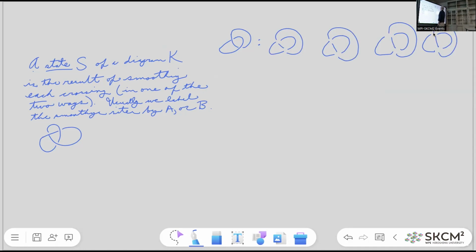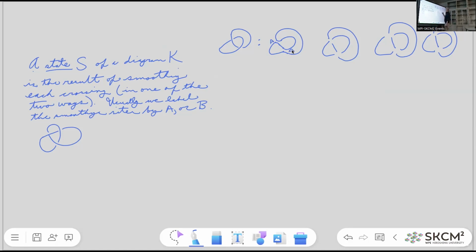So I think I like A better than B, so I'll smooth both of these this way. Those are the A smoothings. Look here. These are A smoothings. And I'll label them. So that's the first state.